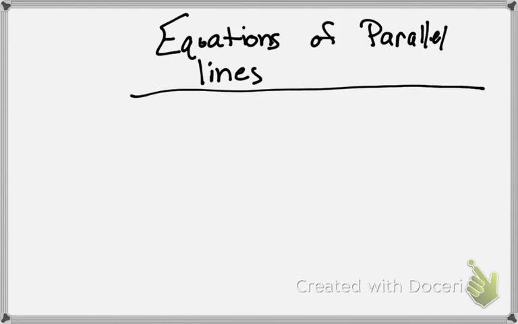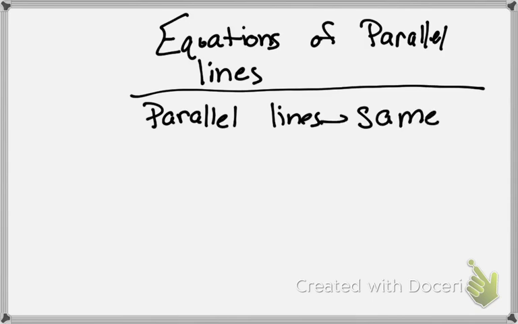The thing we need to know when we have equations of two lines that are parallel, parallel lines will always have the same slope. And same is kind of that big key word there.